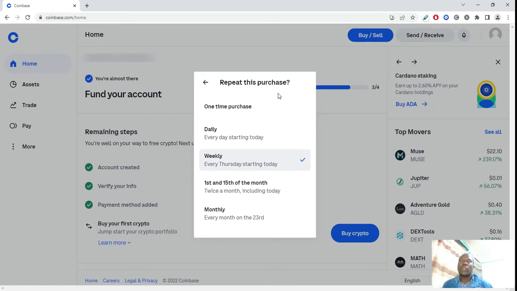Because when you look at the price of the coin, then you'll not buy any crypto, because sometimes the price is high and sometimes the price is low. So when you buy it on a daily or monthly basis, or even twice a month, let's take for example you bought 0.001 Bitcoin today, and the price of one Bitcoin at that time is $20,000.